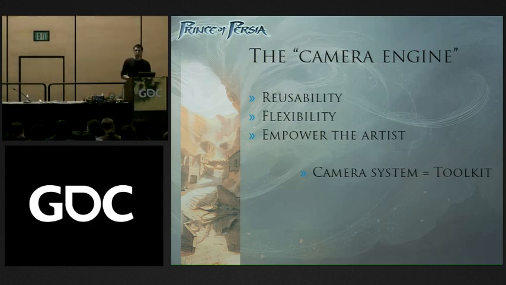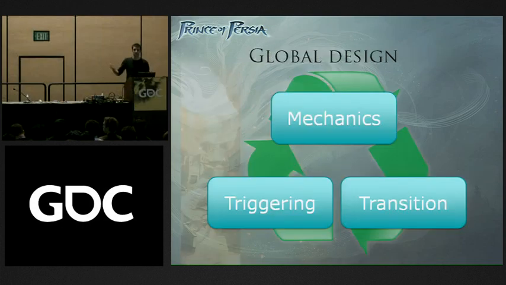And it's very important that it's your artist that chooses to do that action. It's not your programmer. So when the artist has the power to really film the game as he wants to, that's where you have a camera engine that can be reused in many different games.